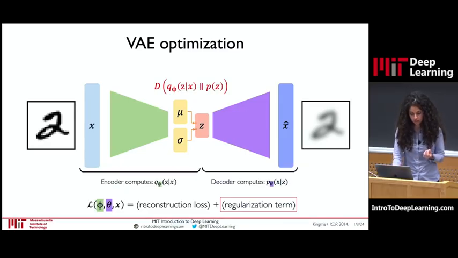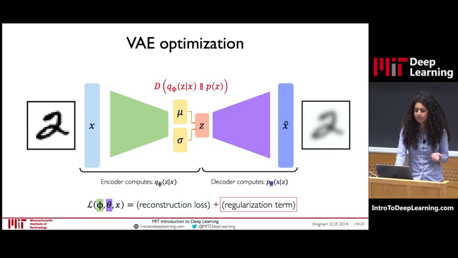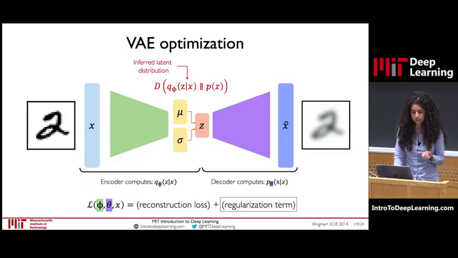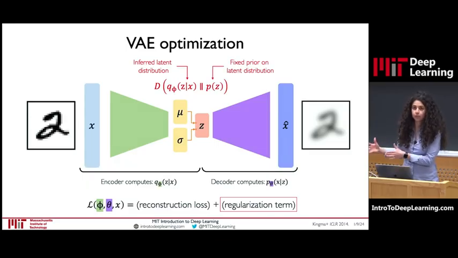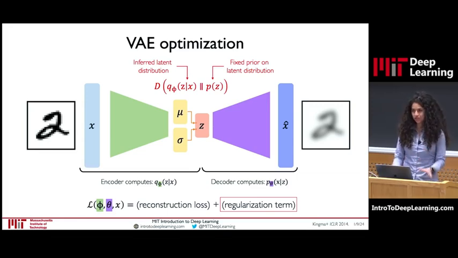The regularization term is then saying, okay, now we're going to take that prior and we're going to compare how good the representation learned by the encoder is relative to that prior. How close does it match our assumption about, let's say, a normal distribution? And the concept here is that it's capturing the distance between the learned distribution, the inferred latent distribution Q, and some prior we have, some guess we have about what those latent variables should look like.